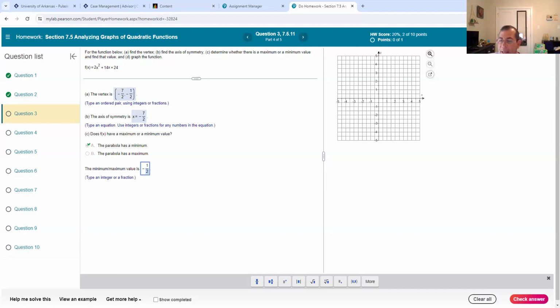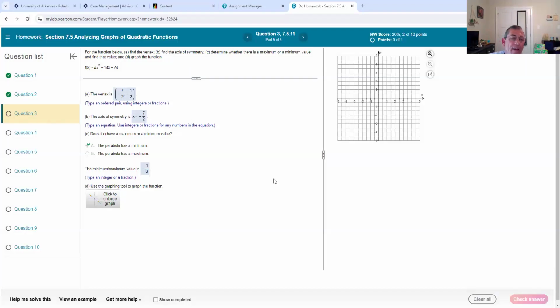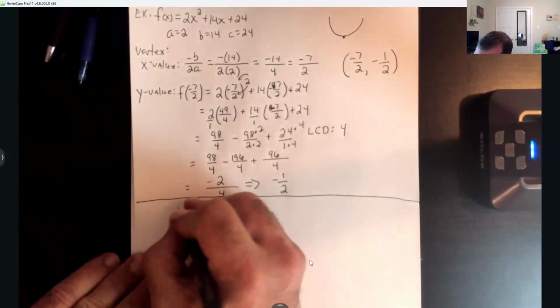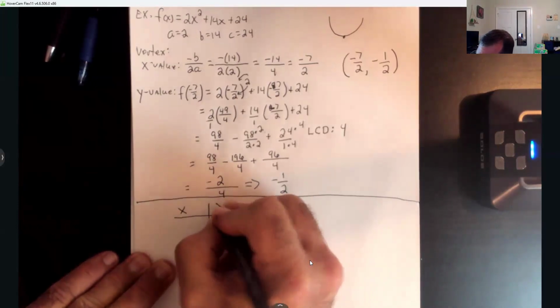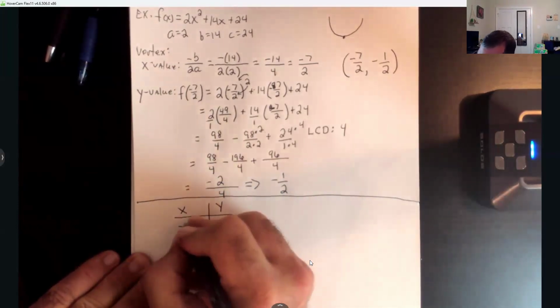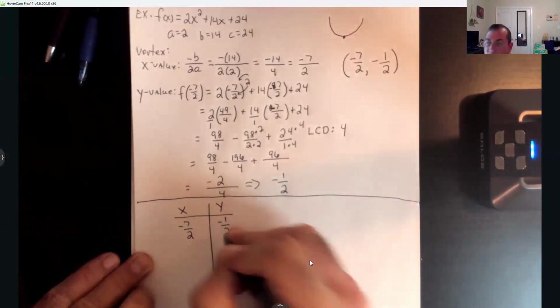All right, y'all, we check that. Oh, so we need to graph it. So let me go back to my paper again. So we have to graph this, remember. So I know I got to plot negative 7/2 and negative 1/2.